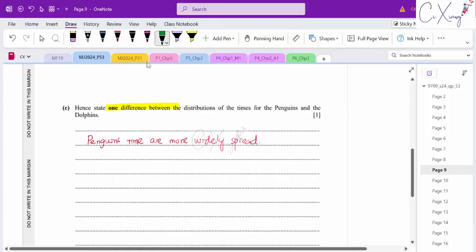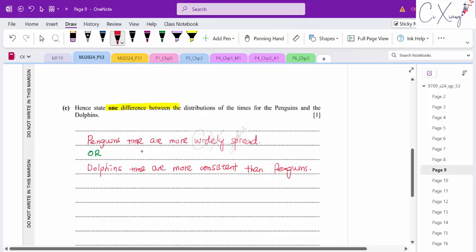Or you can write in the other way, where you talk about dolphin, because just now I told you that dolphins are more consistent, right? So you can write dolphins' time are more consistent, also can. They basically have the same meaning. So when you want to write out the difference, you can just write out any one of these two.